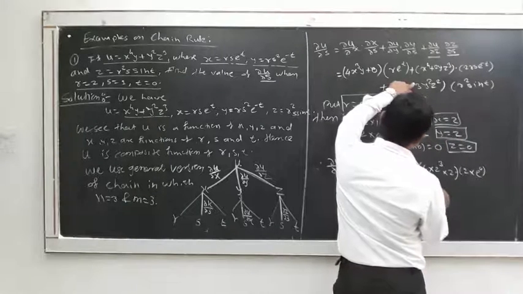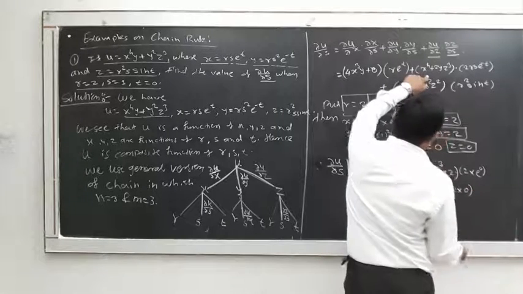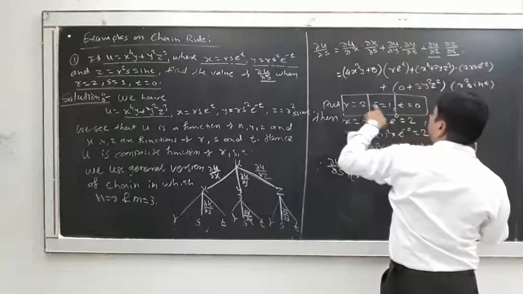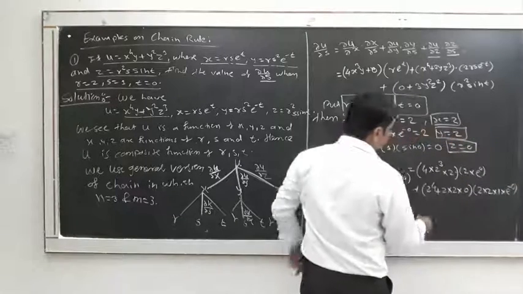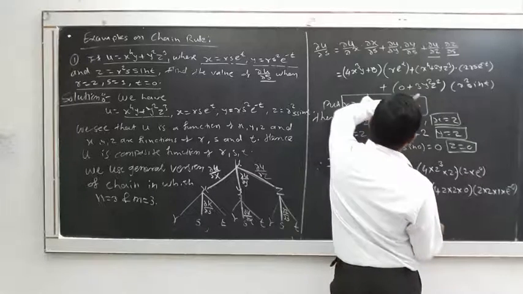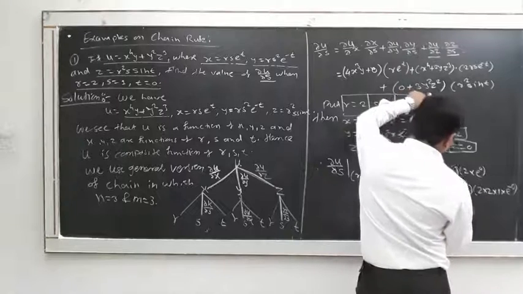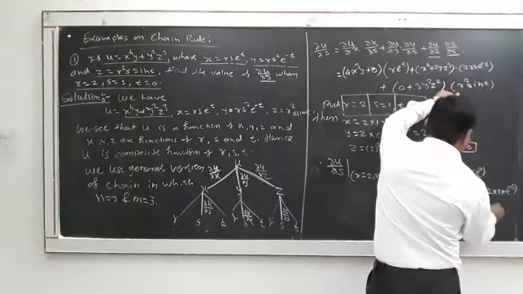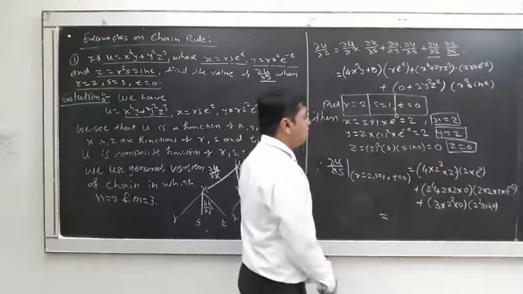Now 2 raised to 4 plus 2 into 2 into 0 cube, or 0, you can write 2 into what is our r, 2 into 1 into e raised to 0 minus 0, or 0 plus, just put the values here also, 3 into 2 square into z, which is 0, and again here r is 2 square sin 0. Do the simplification and you will get our required answer.